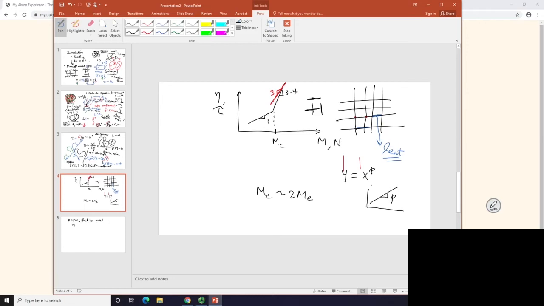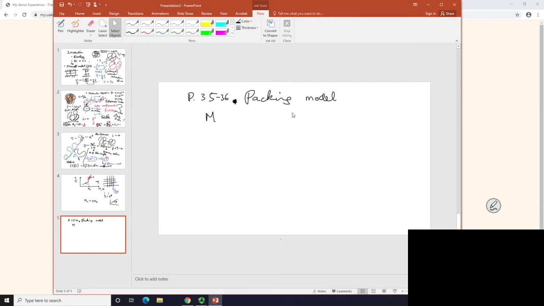So this packing model was an effort to ask the question of when it is too short. This has to do with realizing that this chain, in its own physical space, has many other chains.